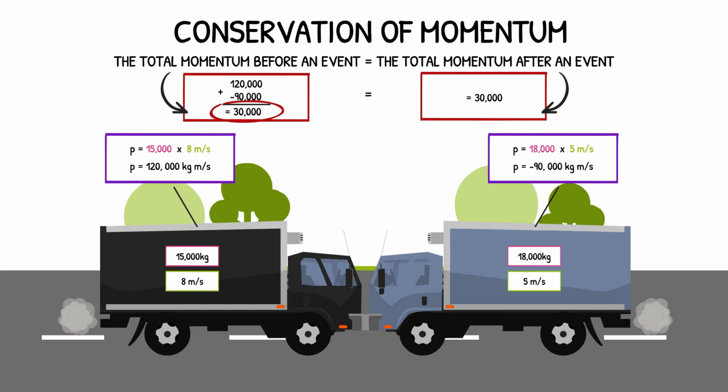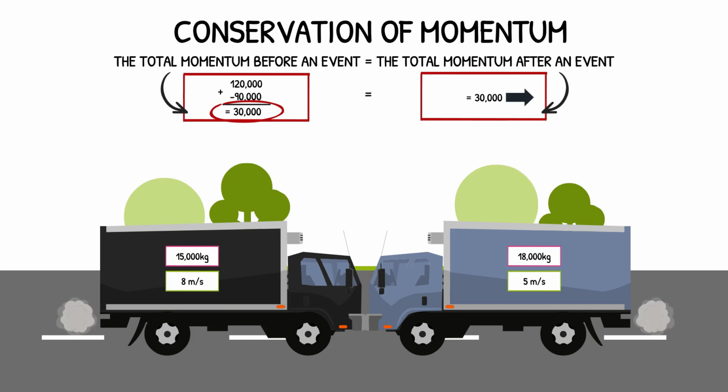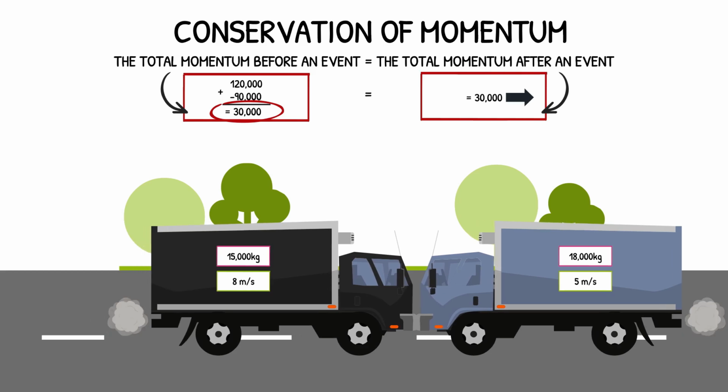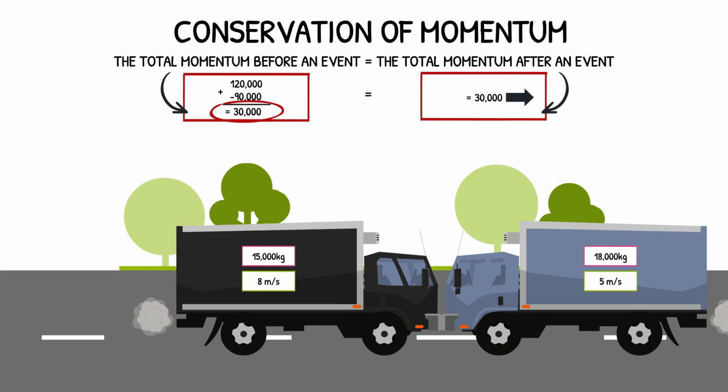As the value we have calculated is positive, this tells us that the momentum after the collision will be acting eastward. If the value we calculated was negative, this would mean that the momentum was travelling to the west. The trucks are now travelling as one entity at a momentum of 30,000 kilogram meters per second.